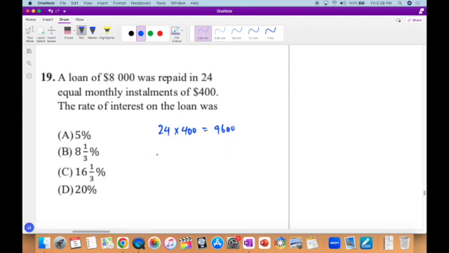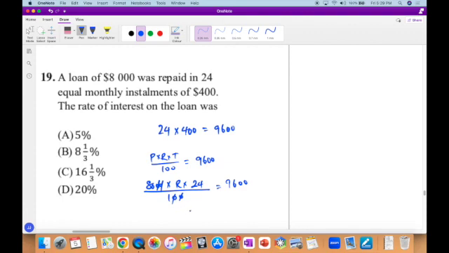And so remember, principal by rate by time over 100 will give me interest. So the 8,000 multiplied by R multiplied by time, which is 24, all over 100 will give me 9,600.